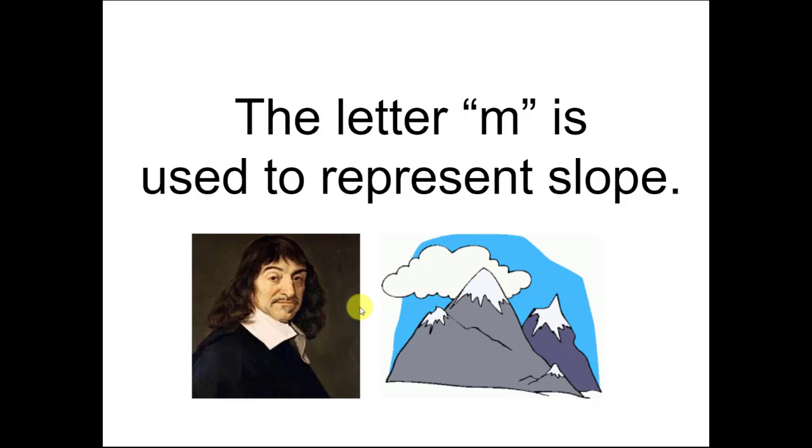And when he was developing the equation of a line, he thought that M might be a good letter to represent slope because the slope reminded him of how mountains have slope. So he was French. He wasn't using the word mountain. He was using a similar word, mont, M-O-N-T, that also starts with the letter M, and that's where that M is coming from. So it's not completely out of the blue.